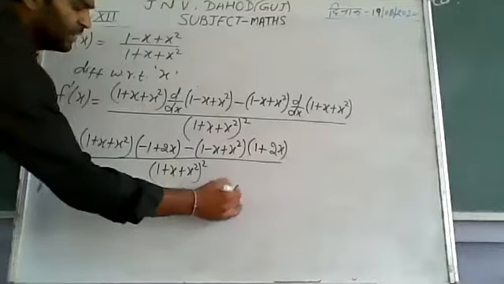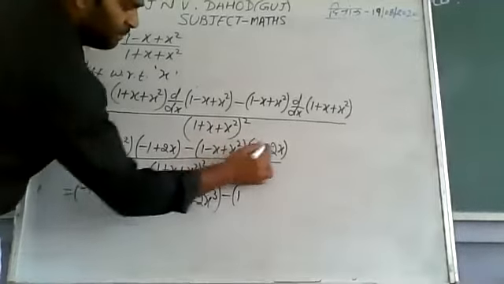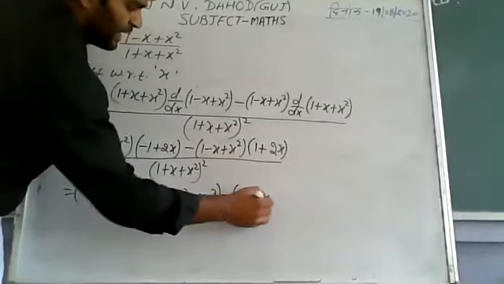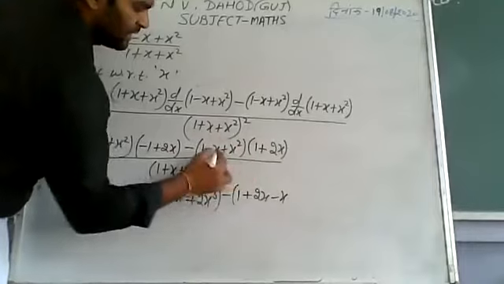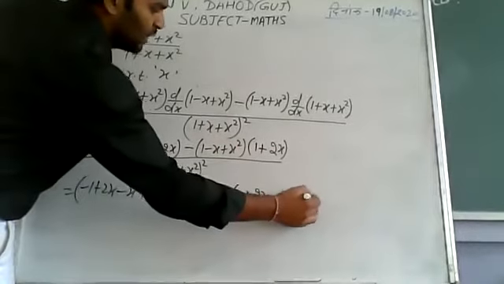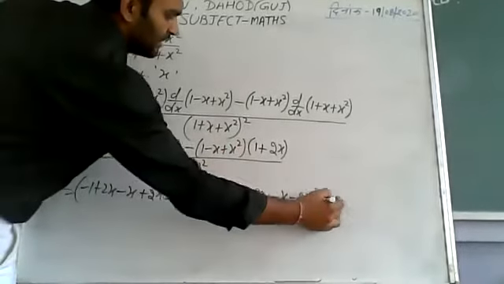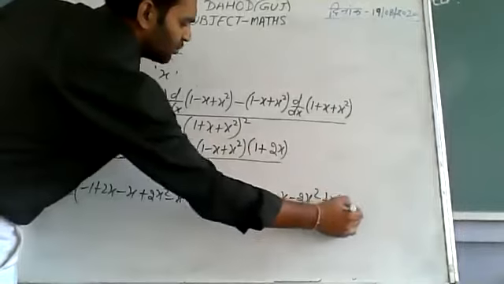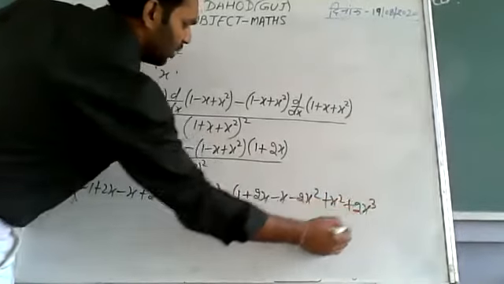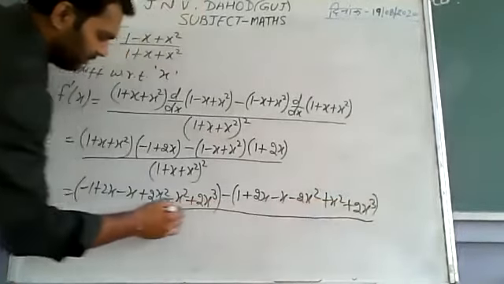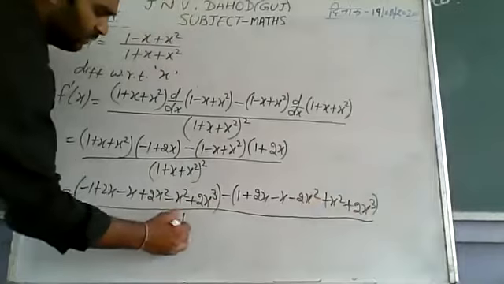And in the second bracket it will be 1 plus 2x, then minus x and minus 2x square, then plus x square and plus 2x cube, whole divided by the same term, which is (1 plus x square) whole square.